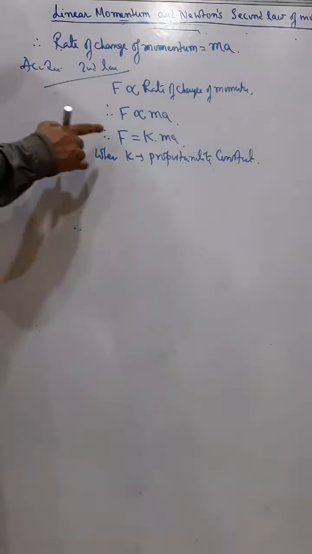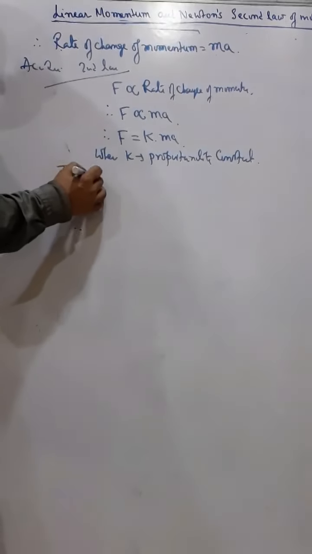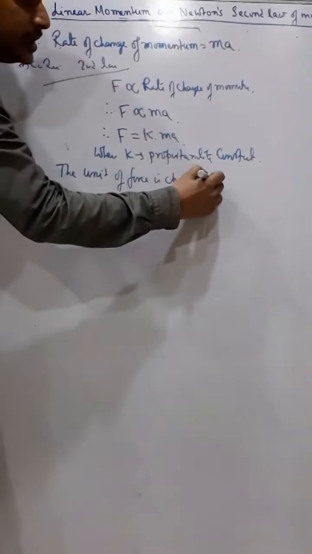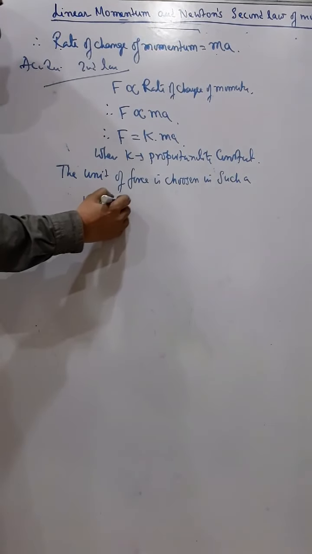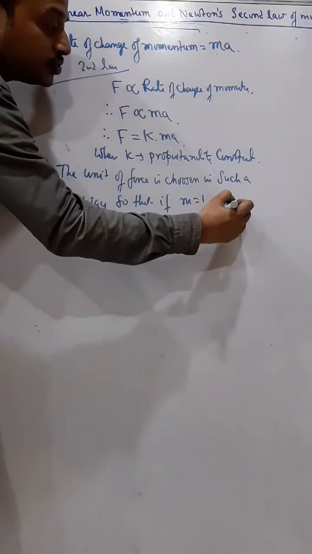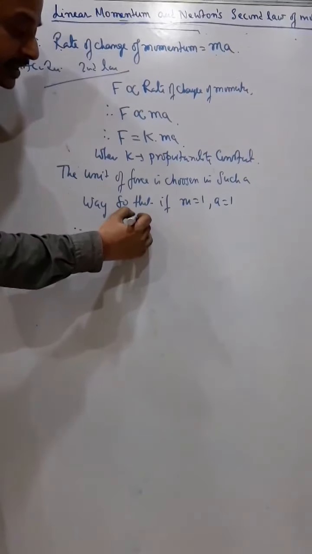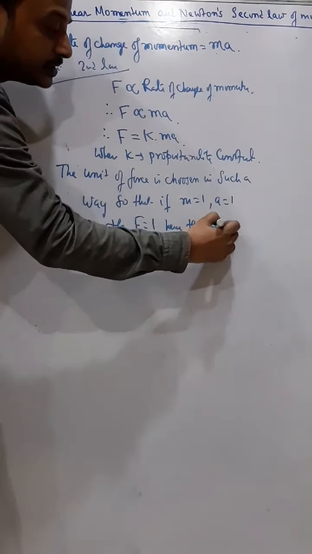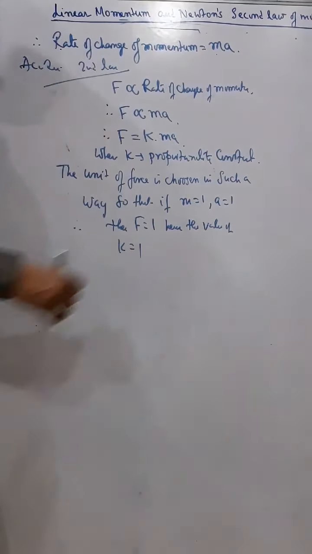Now the unit of force is chosen in such a way that if m is equal to 1 and a equals 1, then F will be 1, and hence the value of k also becomes 1.